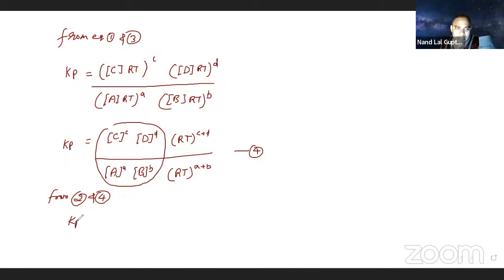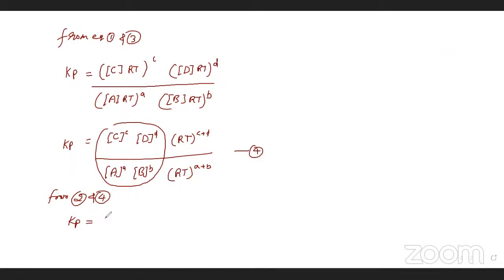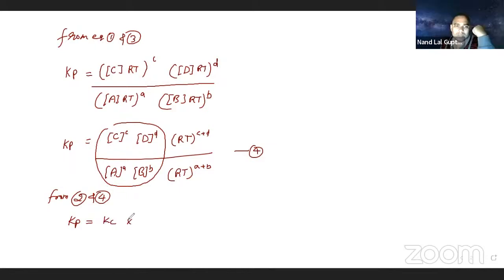So Kp is equal to what? Can you tell me? Kc into RT, power C plus D, this is one bracket, the coefficient of product, minus A plus B, the coefficient of reactant.